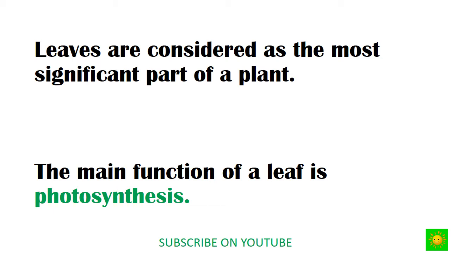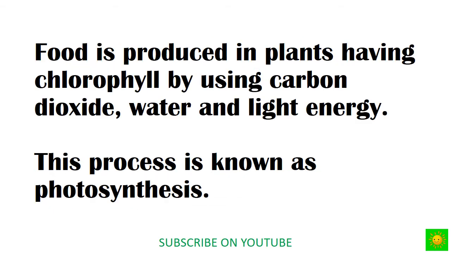Food is produced in plants having chlorophyll by using carbon dioxide, water and light energy. So this process is known as photosynthesis. What do you mean by photosynthesis? The food is produced in plants having chlorophyll by using carbon dioxide, water and light energy.